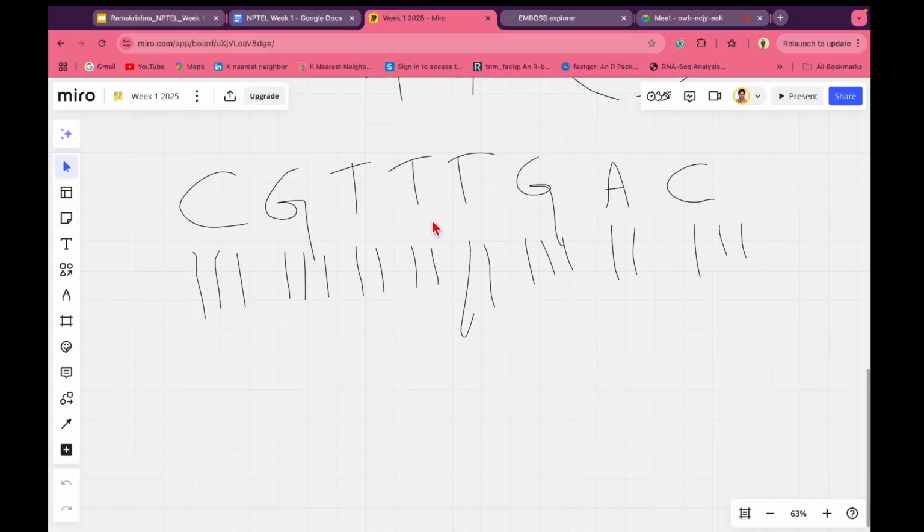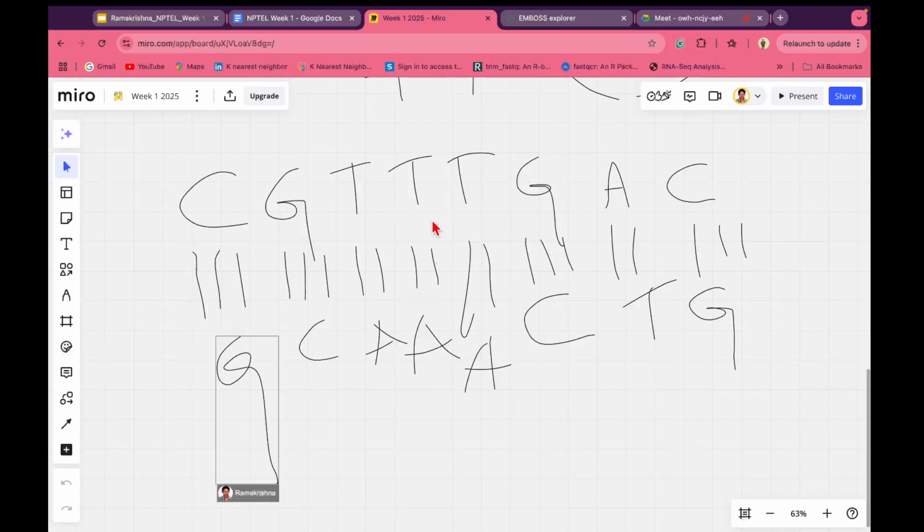So C is complementary with G, then C, A. So let's count the number of hydrogen bonds here. 3 plus 3.